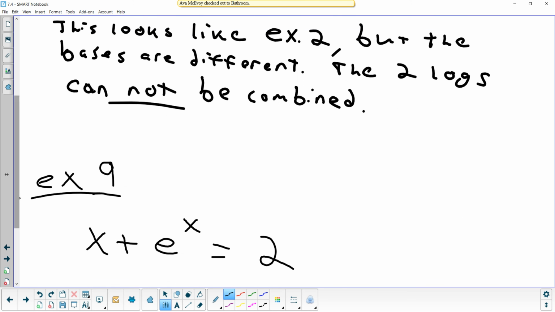Right, and let's look at this equation. x plus e to the x equals 2. Now, remember, e is not a letter. e is the number 2.718.